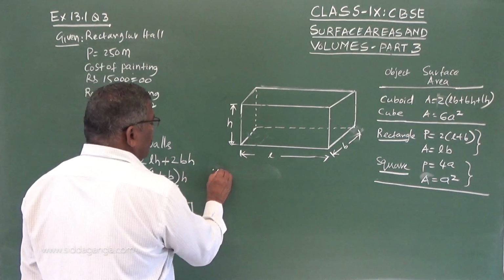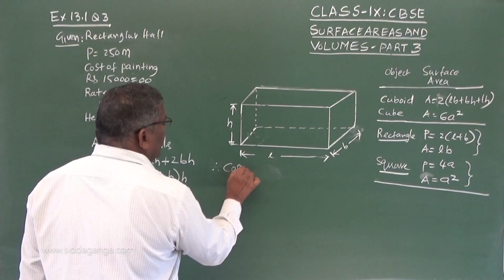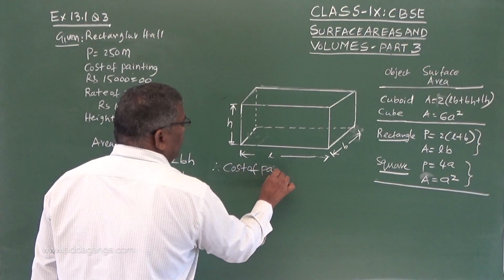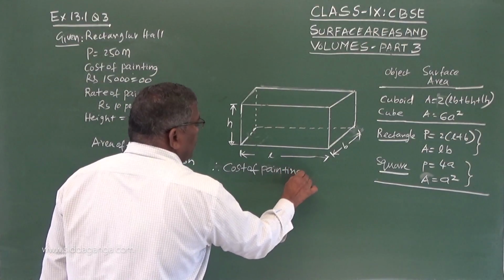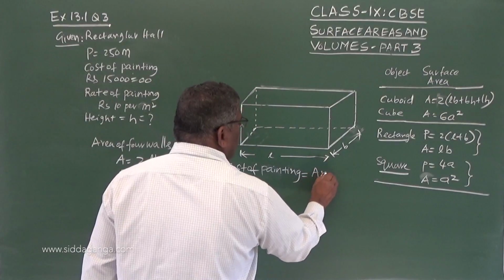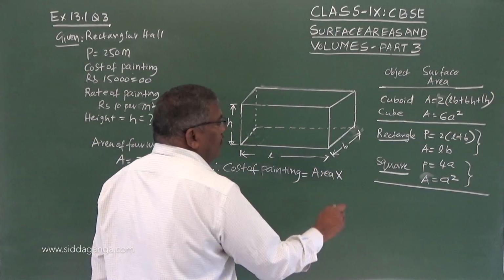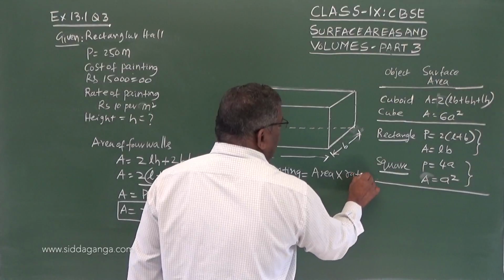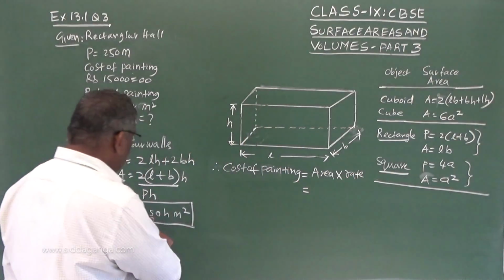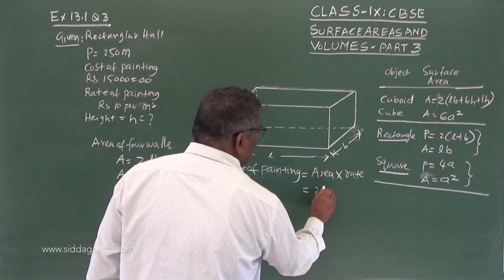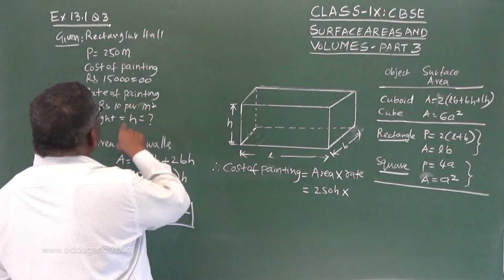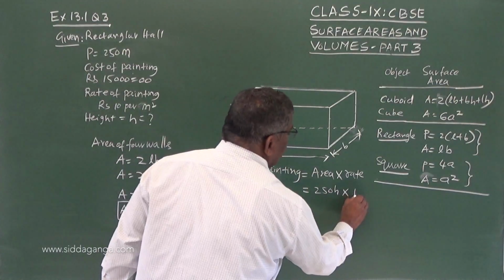Now the cost of painting equals area into rate per square meter. The area is 250 H, the rate is rupees 10 per square meter.